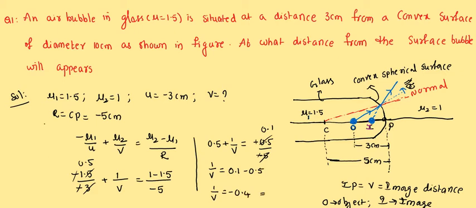From this, if you find the v value, we will get minus 1 by 0.4, which is nothing but minus 10 by 4, that is minus 2.5 centimeters. This is the answer. Finally the image distance is minus 2.5 centimeters.